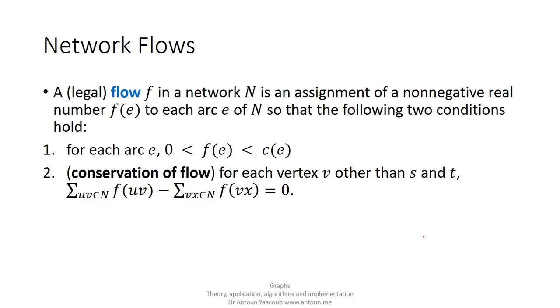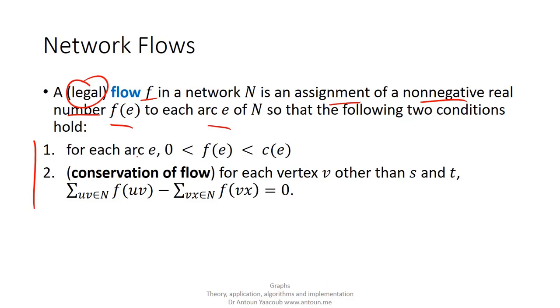So what do we mean by a flow, or a legal flow? A legal flow, usually called a small f, in a network assigns non-negative numbers f of e. For each edge I assign a flow, a non-negative number, such that the following conditions are true.